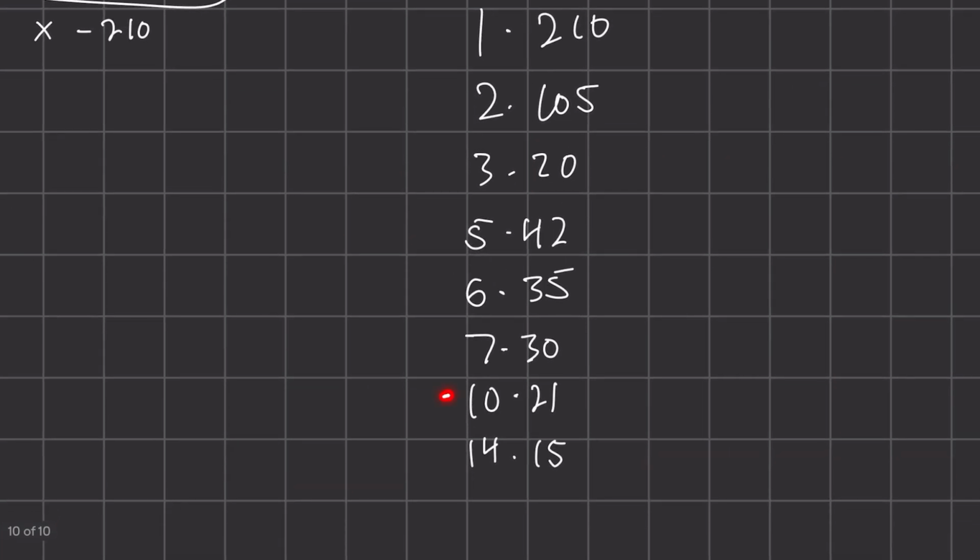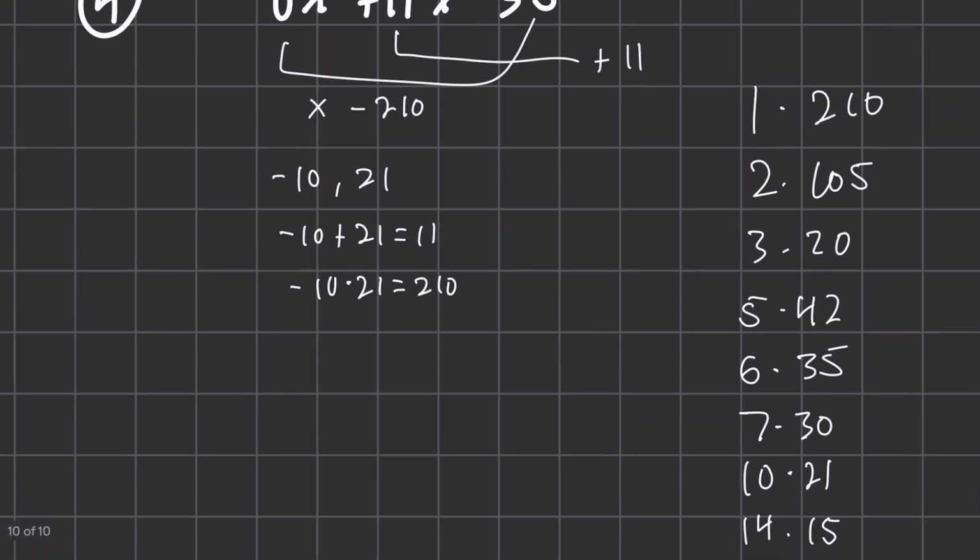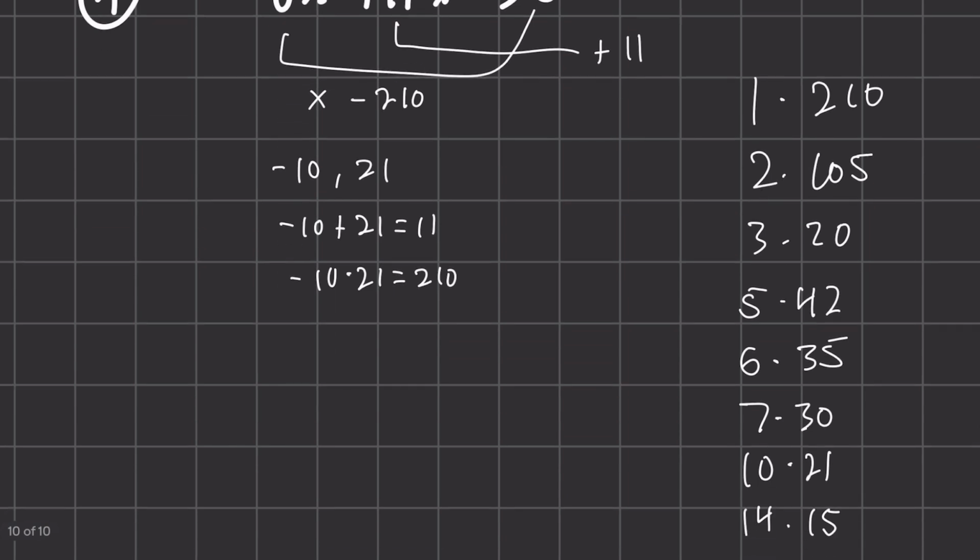You notice that if you have negative 10 and 21, I'll write that down right here. Negative 10 and 21. You notice that negative 10 plus 21 is equal to 11. And negative 10 times 21 is equal to negative 210.